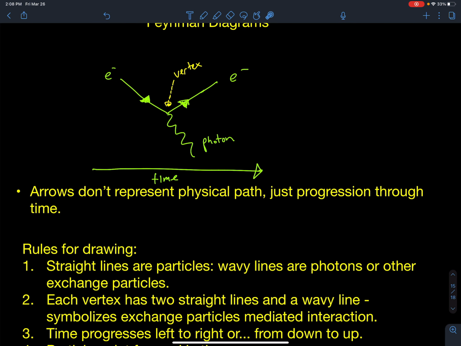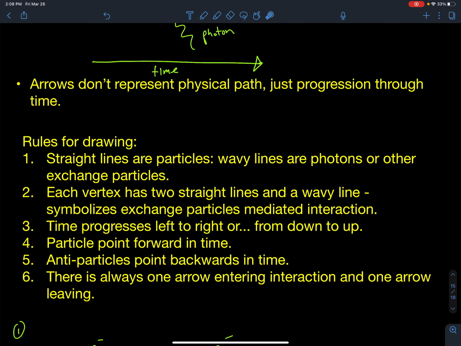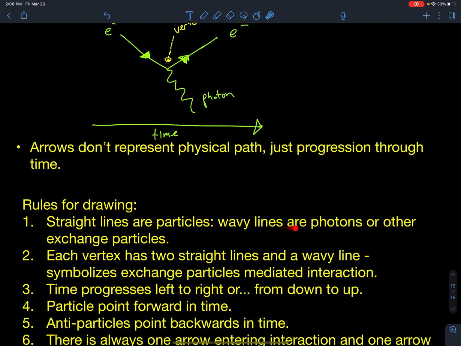Now the rules for drawing them. If you just press pause and write these down: the rules for drawing Feynman diagrams are, straight lines are particles, so the straight line in the diagram represents the path of particles. Wavy lines are photons or exchange particles, like bosons and whatnot.